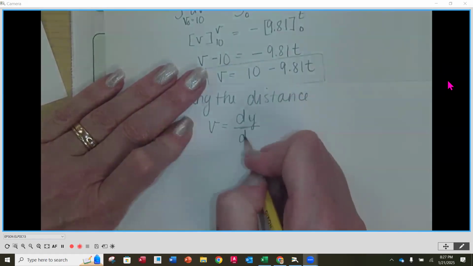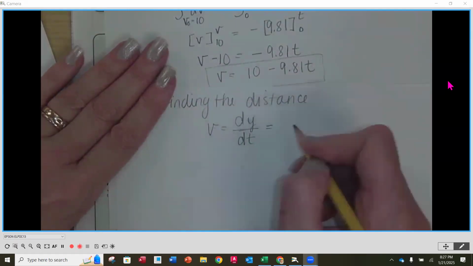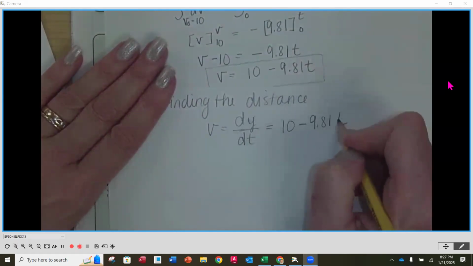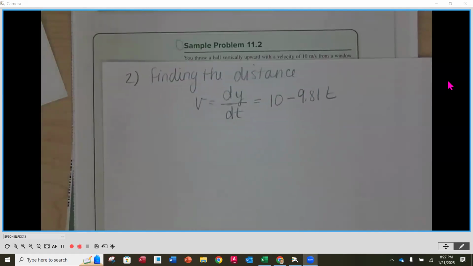And we know that velocity is equal to 10 minus 9.81 t from the previous step.